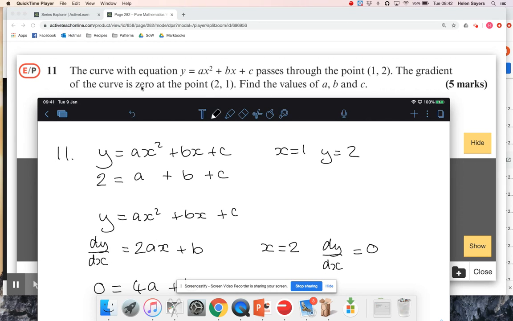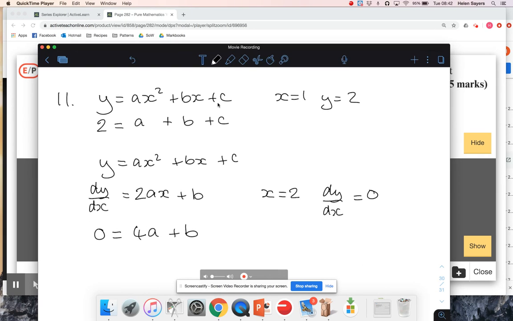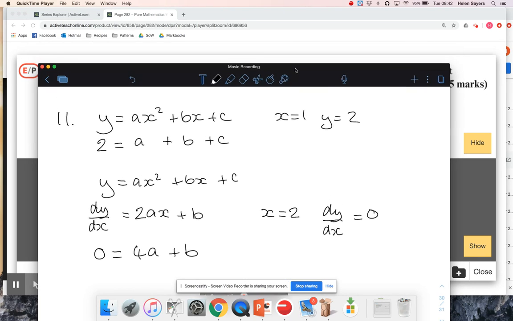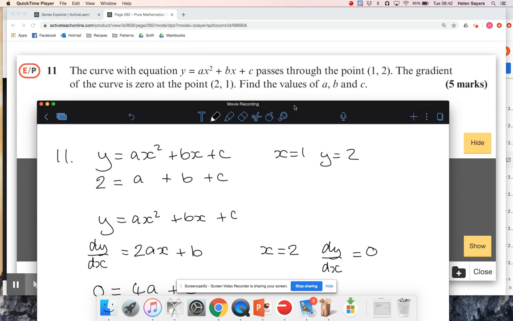Okay, right, I'll just move that up a bit so you can see. That's actually still not enough information because I could make a or b the subject of this and then substitute it back into this, but I'd still have c and then either a or b. So on the face of it, they haven't given us enough information, but actually they have.